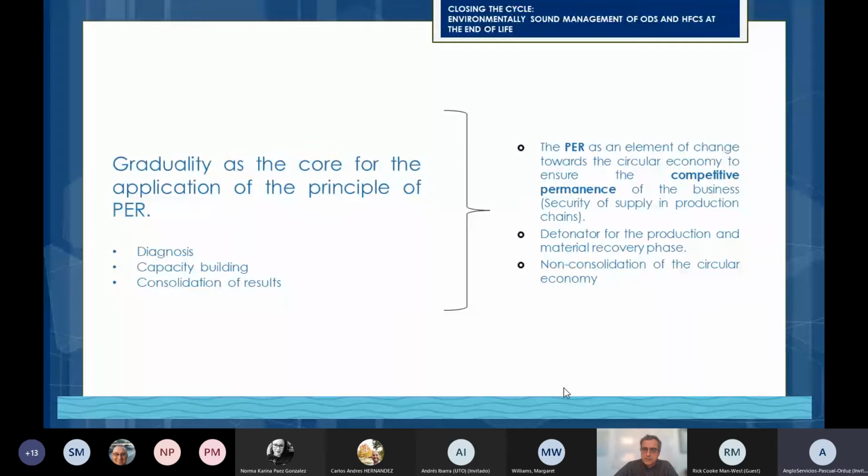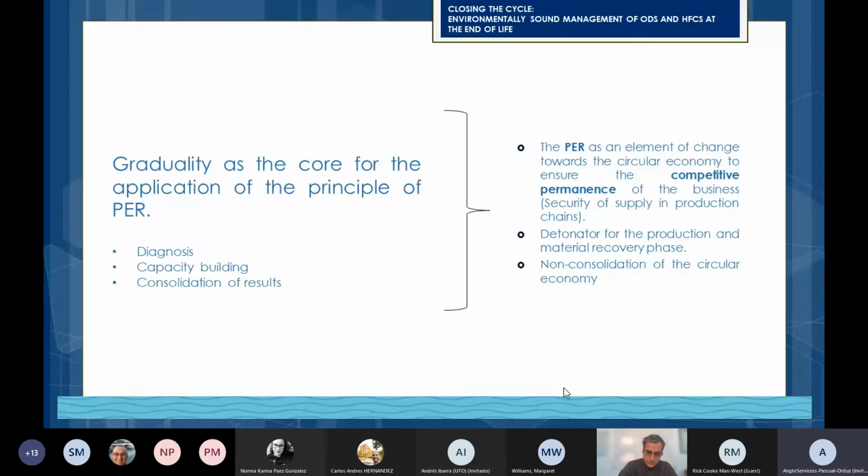We need to look at this from this angle because we can go beyond conceiving this as just a regulatory policy. Today we face a big challenge to maximize the way we use our resources, right? And that's why PR is a key element. It's just a starting point to close the circle.